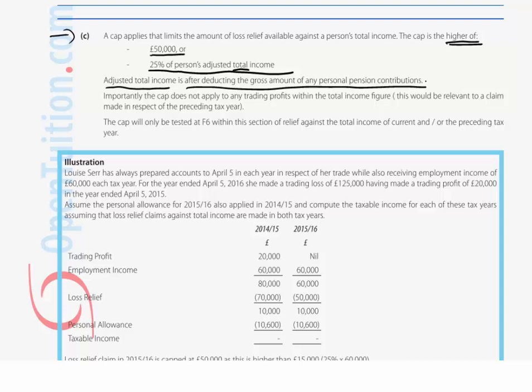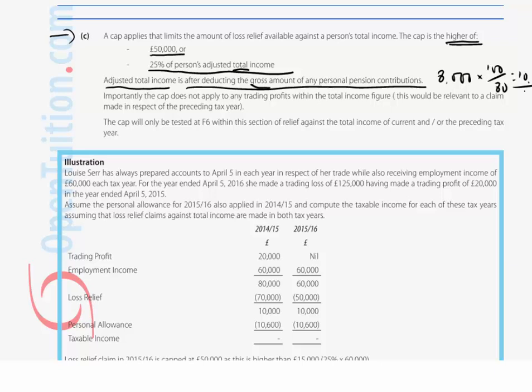Suffice it to say at this point that if you had made an actual pension contribution of £8,000, then the gross amount, 8,000 times 100 over 80, would give you a gross figure of £10,000. So that is adjusted total income after the gross personal pension contributions.